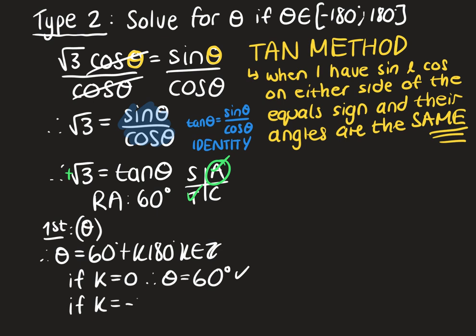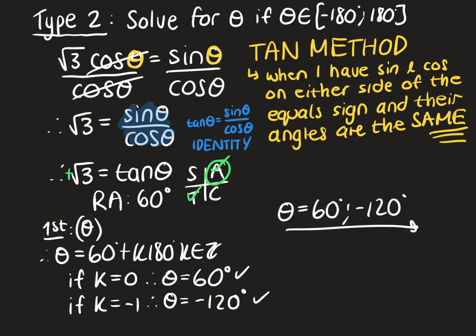Let's see if minus 1 works. So that is going to work. So it's going to be 60 minus 180, which is minus 120, which works. And then if I make it minus 2, it's going to be too big, right? And those are my solutions to this question. Theta is equal to 60 degrees and minus 120 degrees.